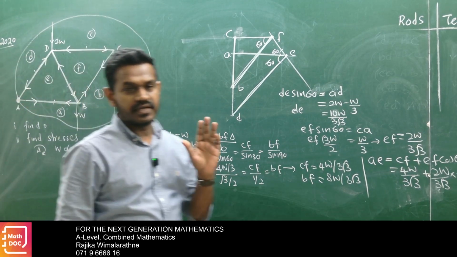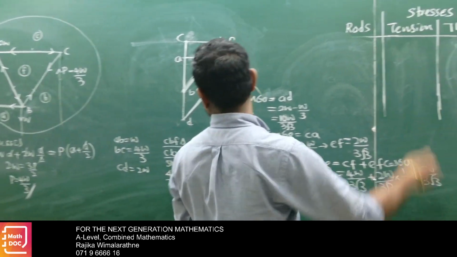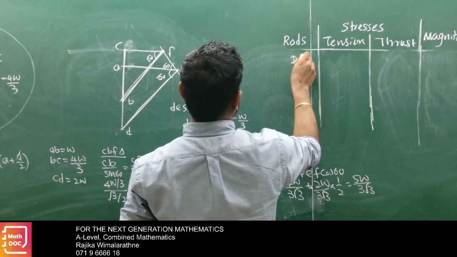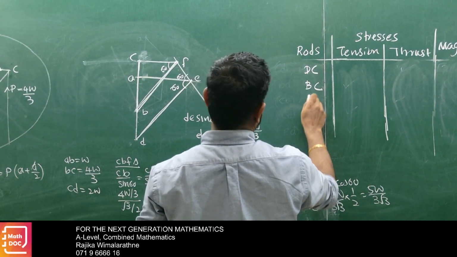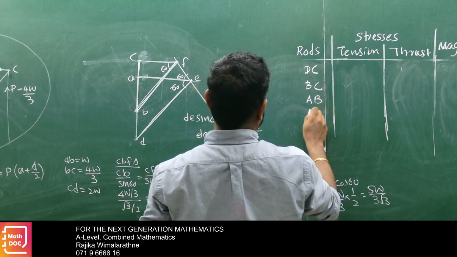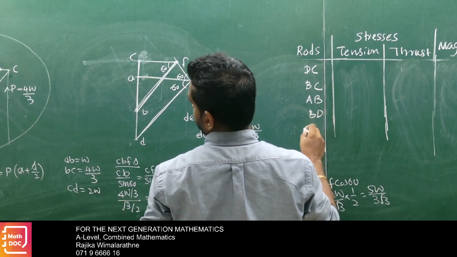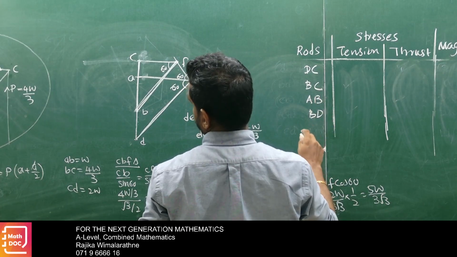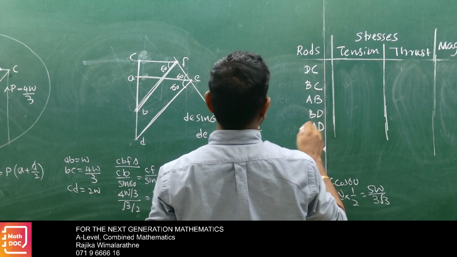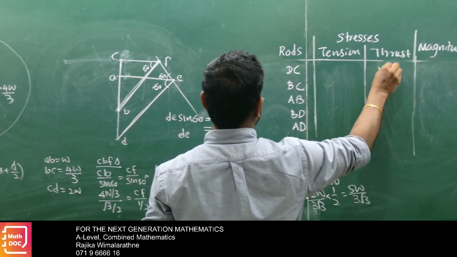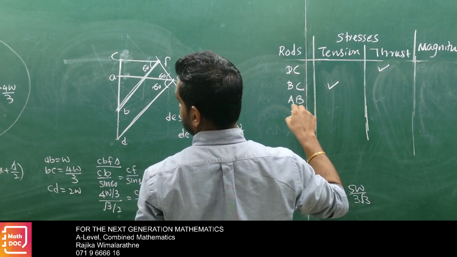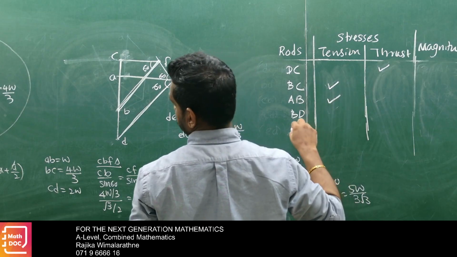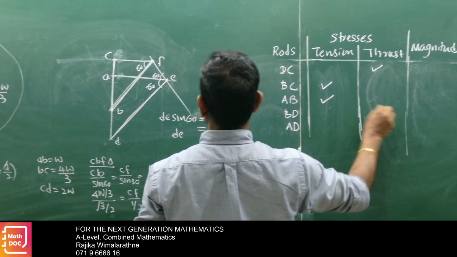Now update the table. So start from the beginning. First DC, BC, then AB, BD, then AD. DC thrust, BC tension, AB tension, BD thrust, AD thrust.